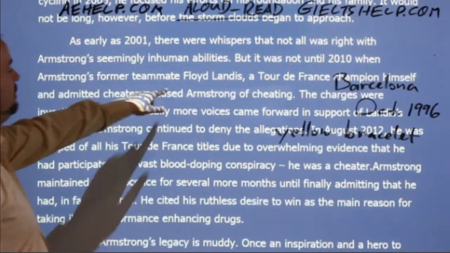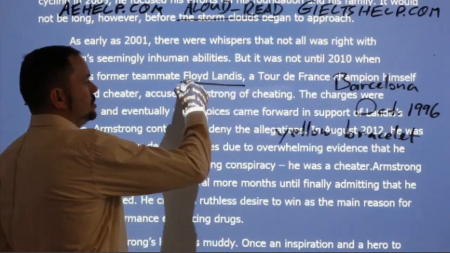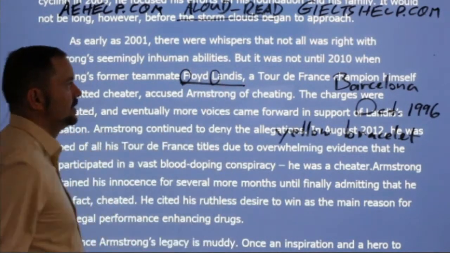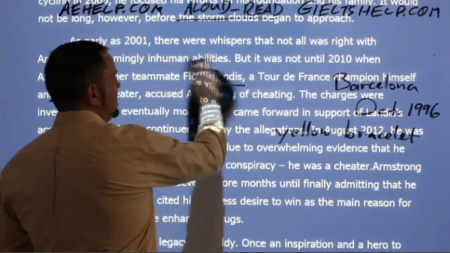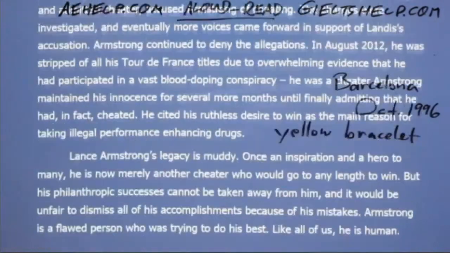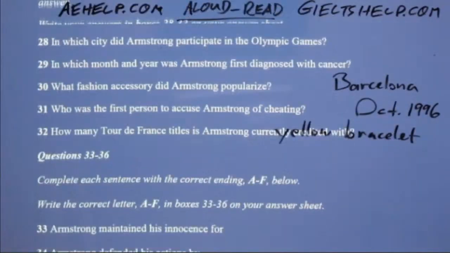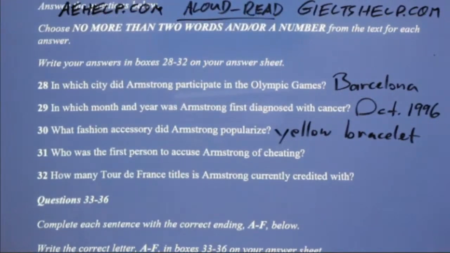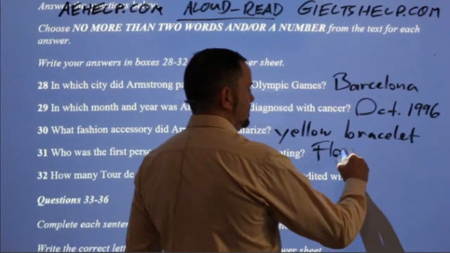There it is, Floyd Landis. Names are usually easy to look for because you're looking for these capital letters, okay? And as long as you have an idea, you'll be fine. So Floyd Landis, okay, good. So see what I mean, Abhishek, that if you read the text and you have a fairly clear understanding, you don't really need to answer these while you read because it's very fast.